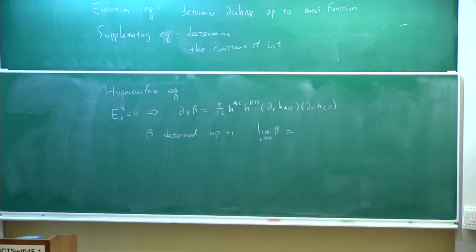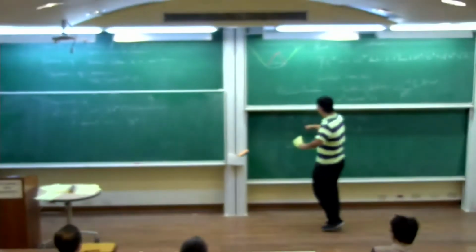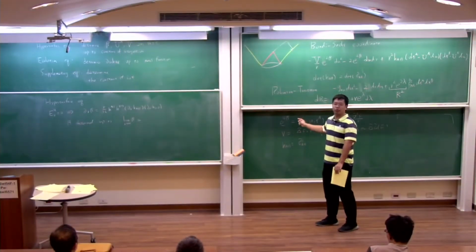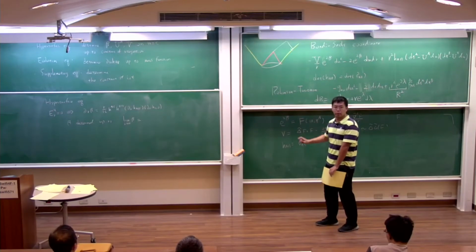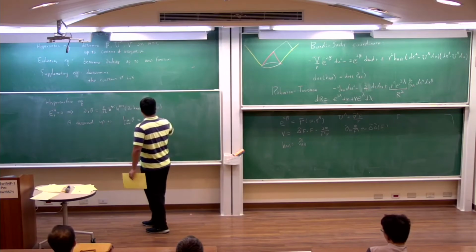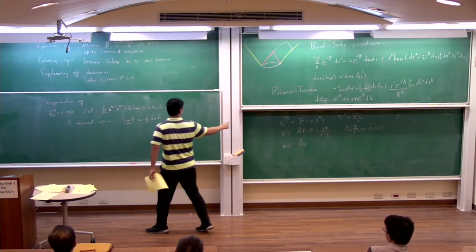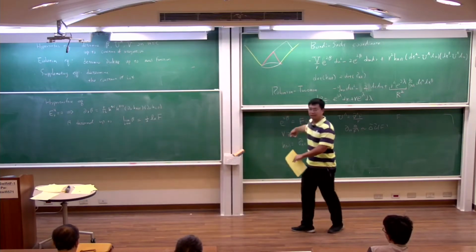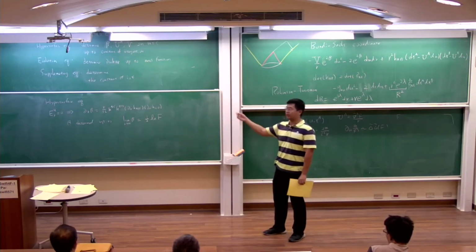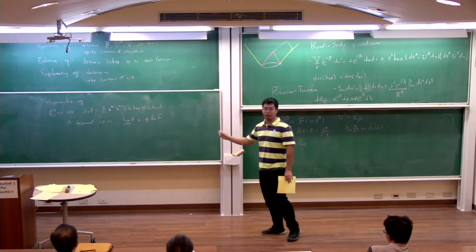And precisely for Robinson-Trautman, we don't want this to go to 1. We want this to go to some function which depends on u and x^A. So if I want e to the 2 beta to be this, then we should choose some function f which depends on u and x^A so that this limit is 1/2 log f.